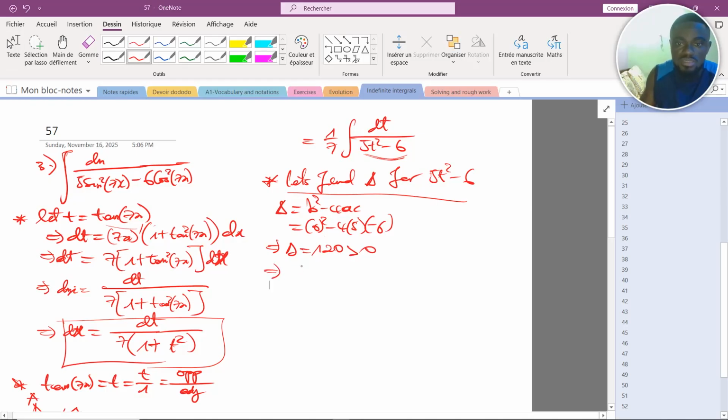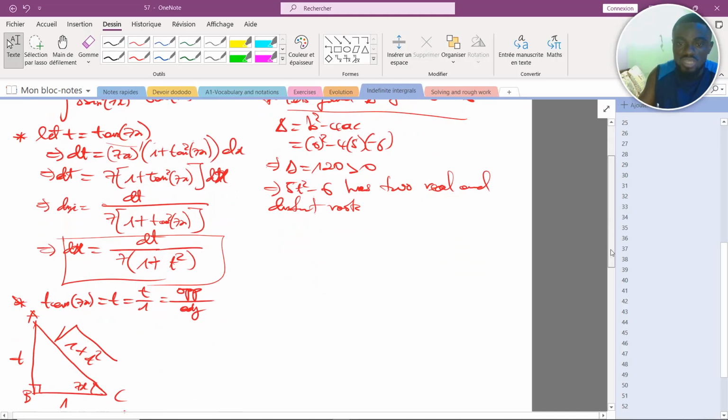It implies this quadratic expression 5t squared minus 6 has 2 real and distinct roots. So let's find those roots.